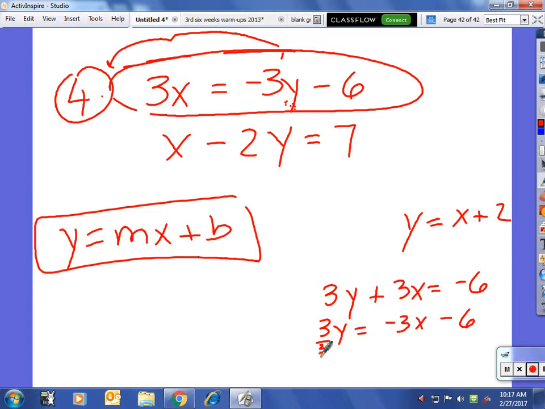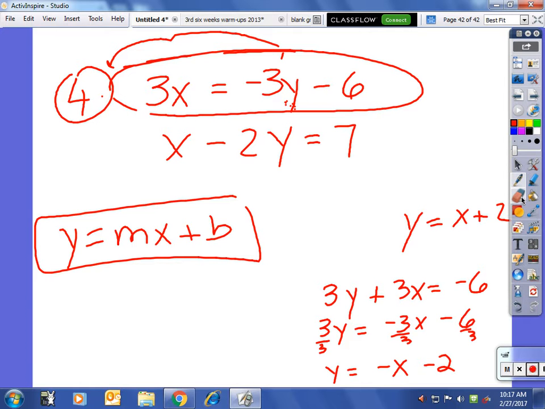Now I'm going to divide every single thing by 3, and I'm getting y equals negative x minus 2. I had different signs than you, Carlos. You got to be very, very careful, because if you mess up there, then nothing is going to be correct. This is why it's not a bad idea to do it 2 ways.